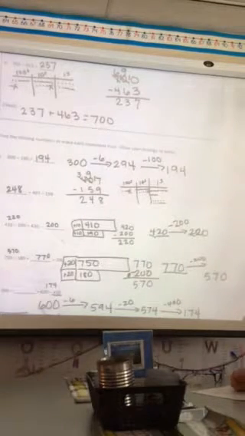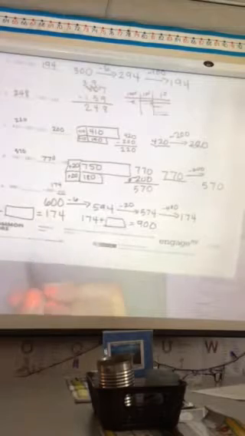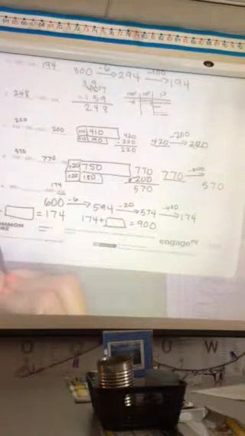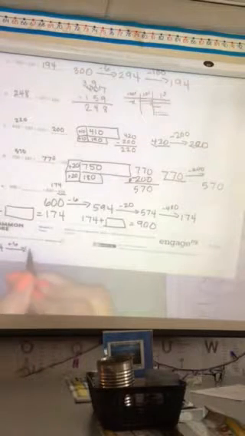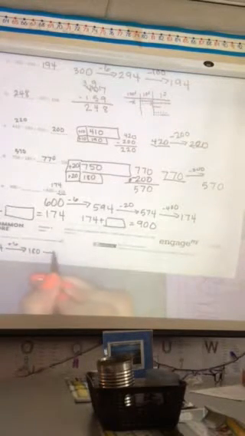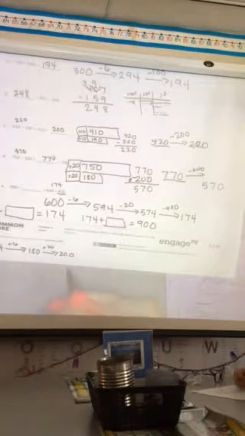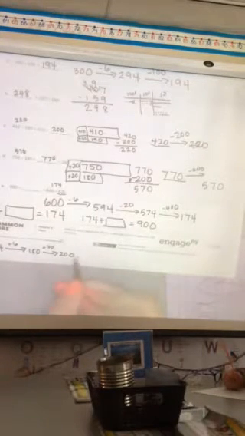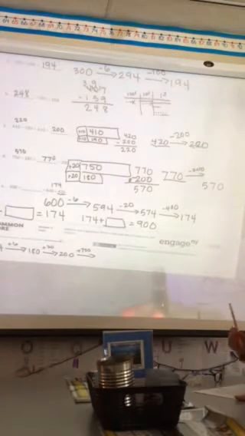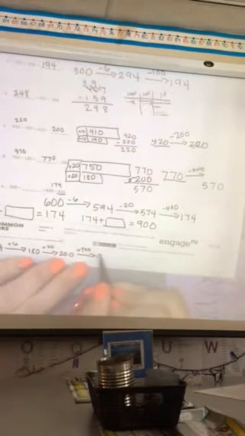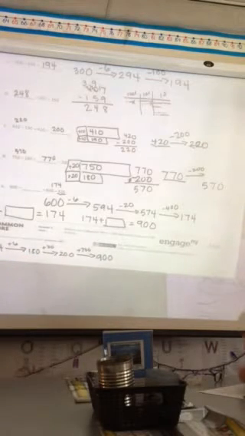So I'm going to do that the arrow way. So if I start at 174 and I add 6 more, I'll get 180. And if I add 20 more, I'll get 200. If I'm at 200 and I'm trying to get to 900, I need to add 700 more. That'll get me to 900. So what did I add in all? 724.